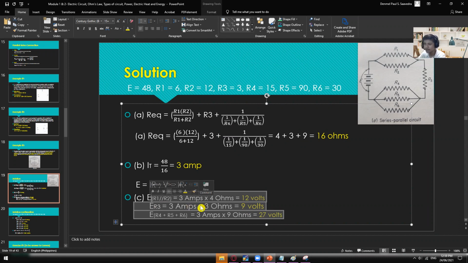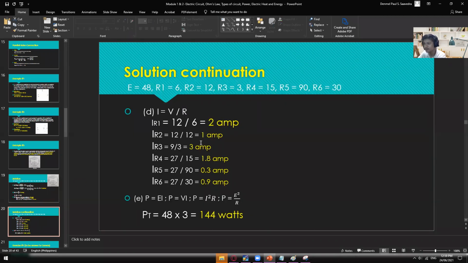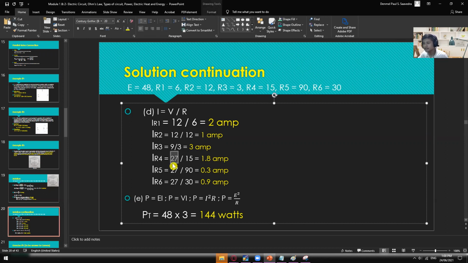If you have an incorrect answer for the individual voltages, let's say ER2, ER3, ER4, then you will also arrive at an incorrect answer for the individual currents. So make sure that everything you are solving is correct because it will affect your entire solution. Thus, you will get an entire incorrect answer at the same time.